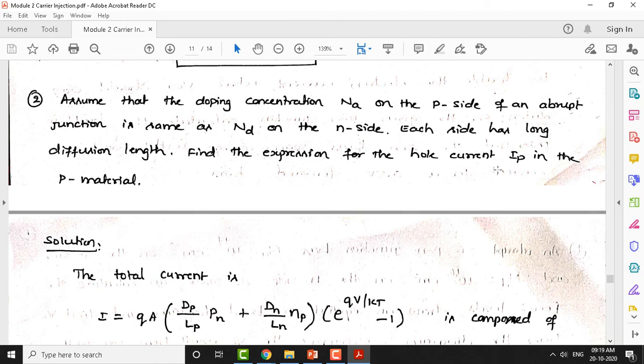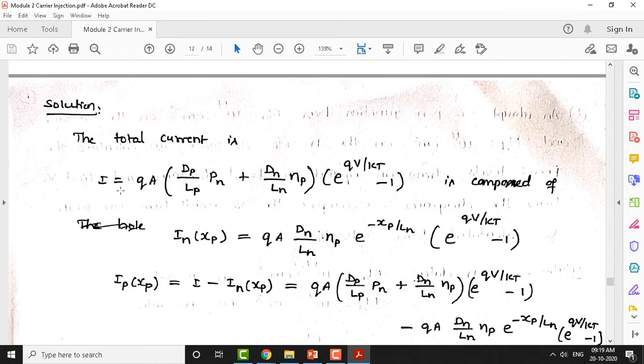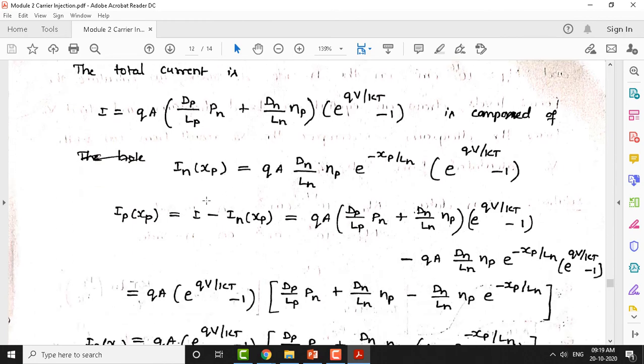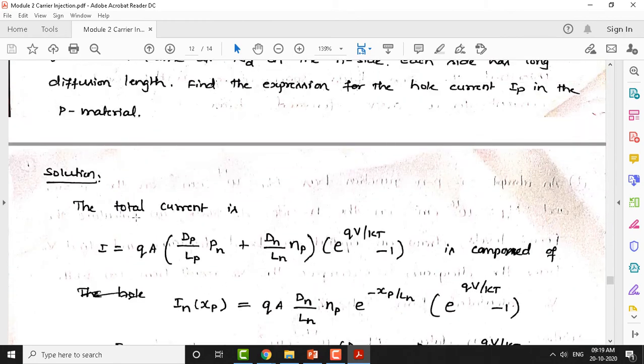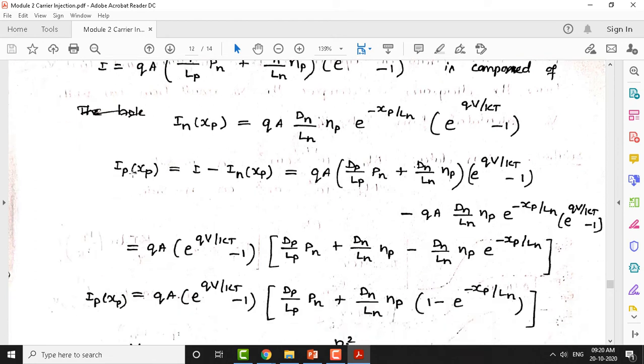Find the expression for the hole current Ip in the p material. This is very straightforward. You can use the diode current In of xp, which we have derived in earlier classes. You can just look into that equation. They are asking for the hole current Ip of xp. Once you know In of xp, the total current is known. You can use Ip of xp as I minus In of xp.